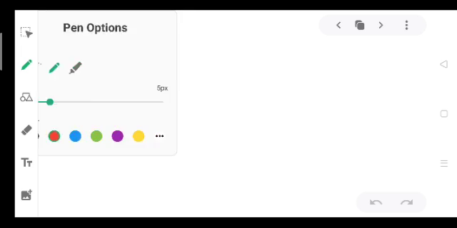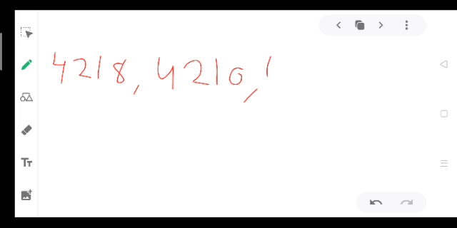Suppose their tens place is also same, then you will check their ones place. See with the help of example. 4218, 4210, 4212, 4219.